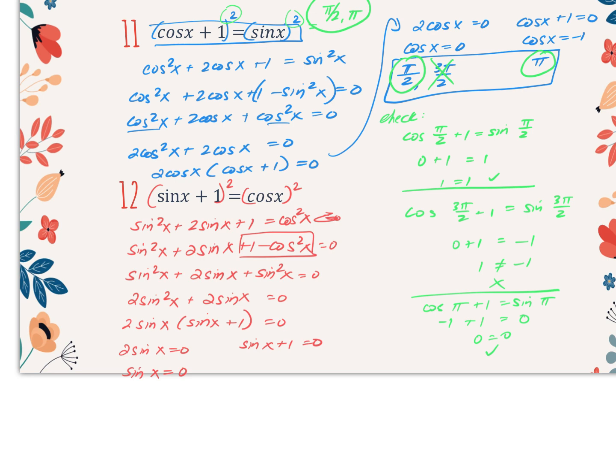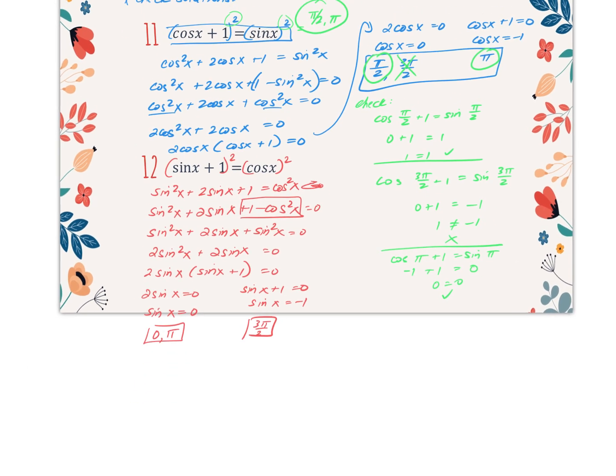Well, that's going to be 0 radians and pi radians. So there's my 2 solutions for that one. Sine of x equals -1. And I know that when does the sine or the y value equal -1? Well, that's 3 pi over 2. So these are my 3 solutions to start.